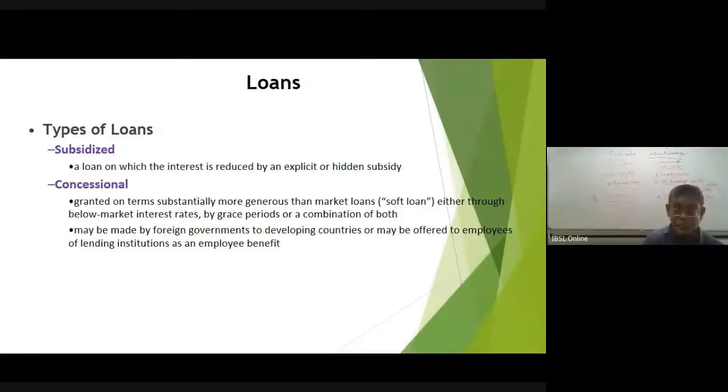Say for example, recently the government introduced a moratorium package, and also working capital facilities at 4%, and those are subsidized. Clear?